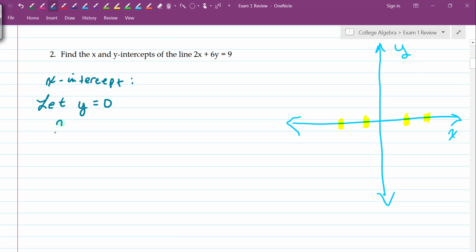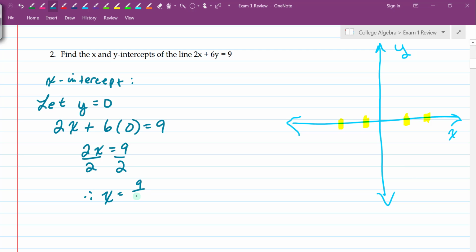So we have 2x plus 6 times 0 is equal to 9. That's going to become 2x is equal to 9. Divide both sides through by 2. Therefore, x is equal to 9 halves, or 4.5. Doesn't matter whichever one you want, 4.5.